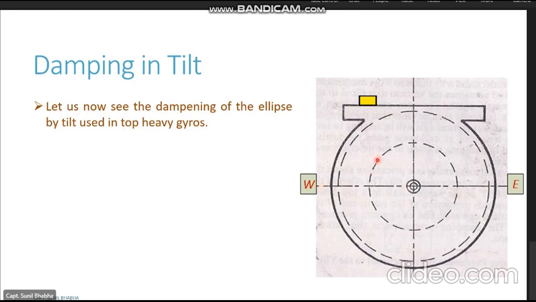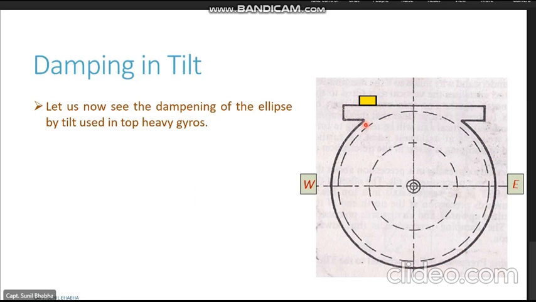When you are looking at the rotor and the spin axis from the south end, you will be able to see the entire rotor. So the dotted line represents the rotor, and the solid line which you see outside represents the rotor casing. Now, as I told you before also, this rotor casing is connected to the rotor via ball bearings.